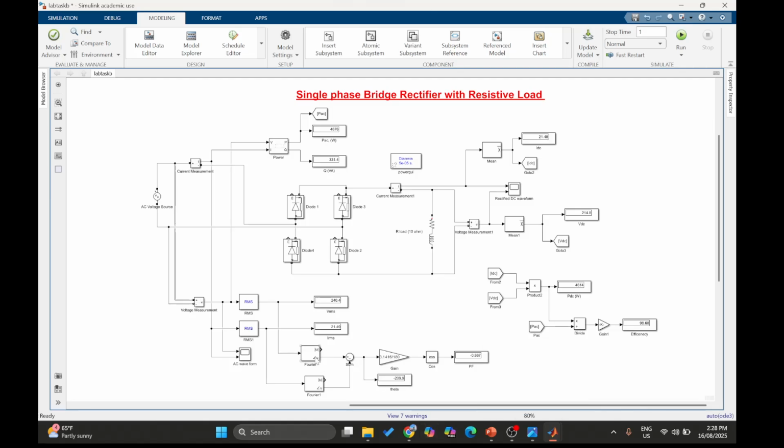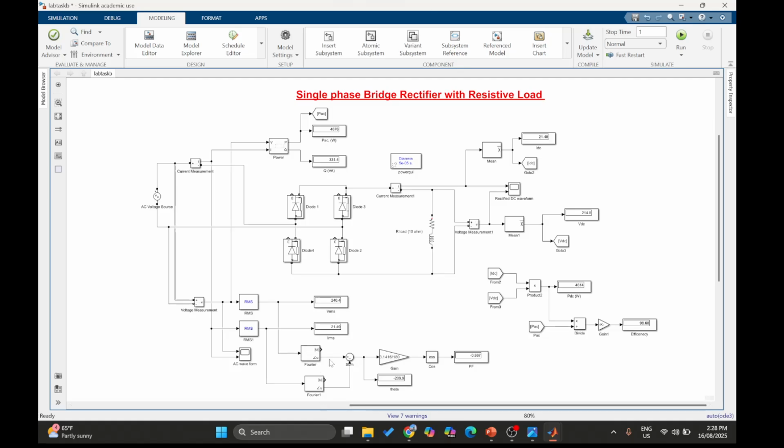Now I am using a block that gives the magnitude and the phase angle of the current and voltage.